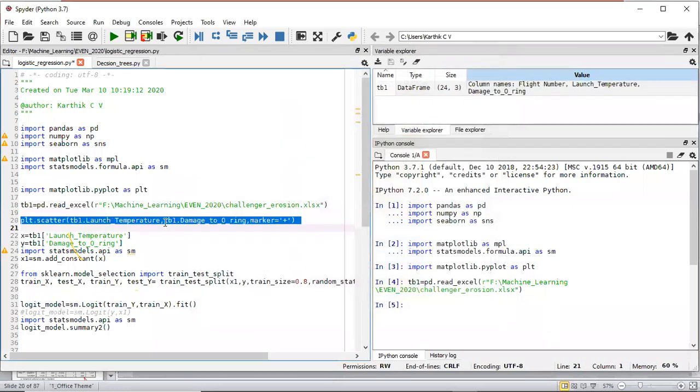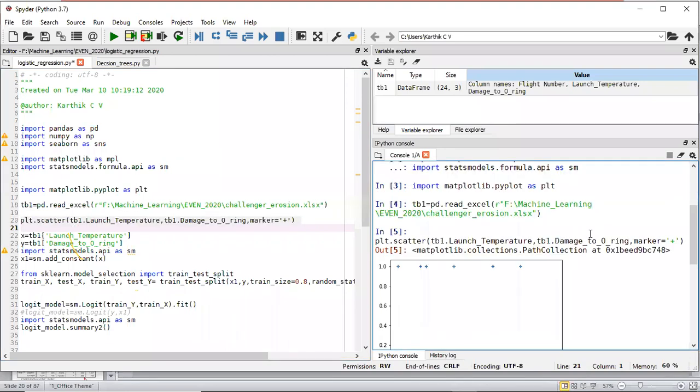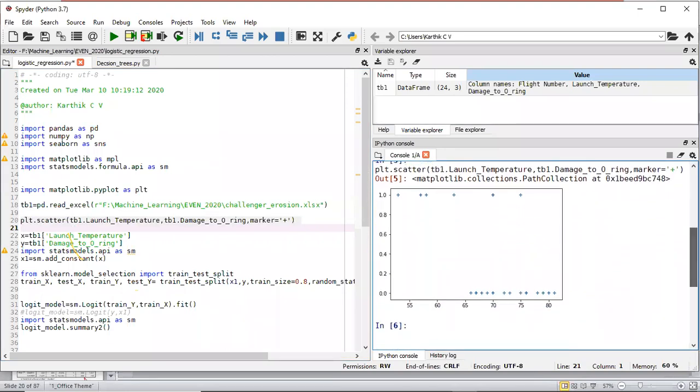So now we are trying to plot x versus y. Here my x is launch temperature and y is whether there is damage. If you see, directly I cannot develop a model like this.